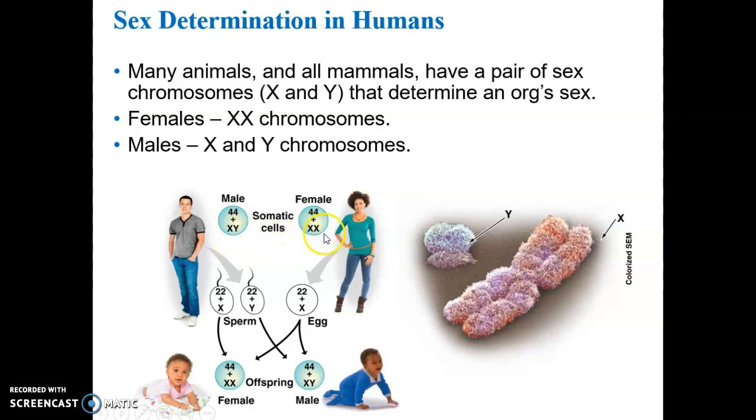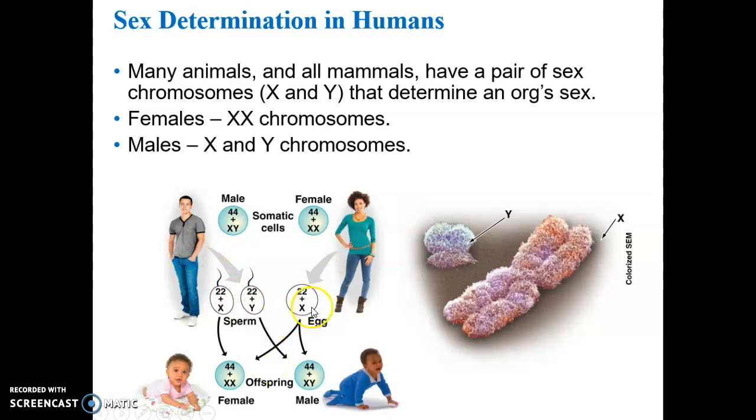So notice what happens when humans reproduce. Females can only contribute an X chromosome into their eggs because females are XX. Males, however, can contribute an X or a Y chromosome into their sperm because males are XY. So the gender of the offspring, our babies, is determined by the genetic contribution of the dad, not the mom.